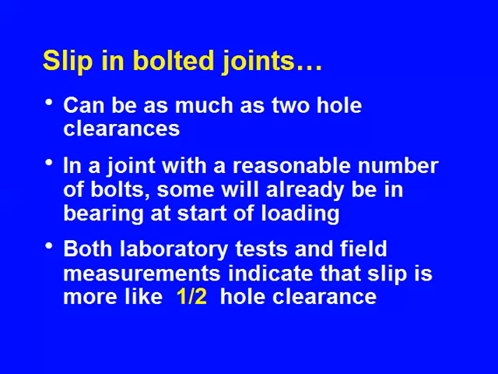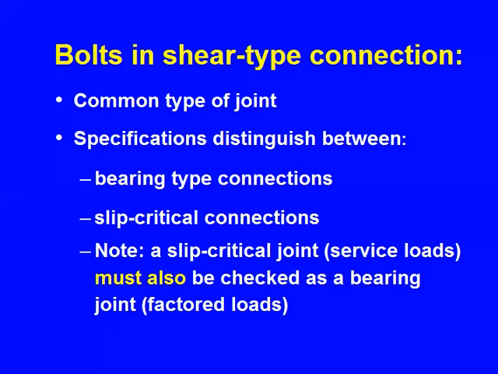Now, bolts in shear type connections. It's common, we know that. Specifications distinguish between bearing only or whether you have to worry about slip. We'll discuss those in detail. Just a caution: if you are designing slip critical, it's your bridge. Yes, slip can happen in the bridge. I mean, we're always talking about what could happen.